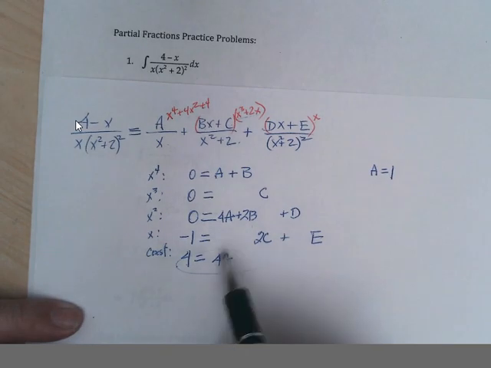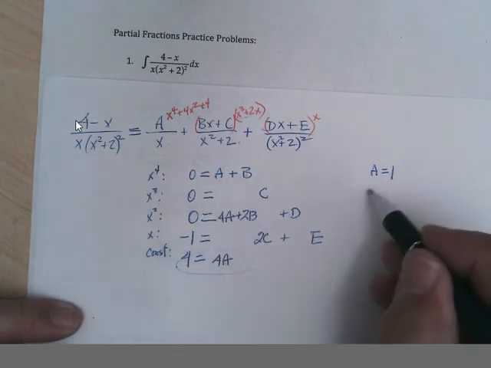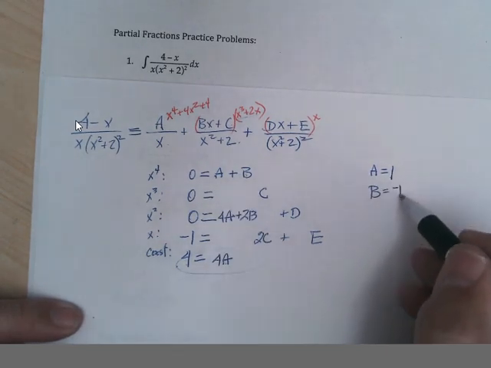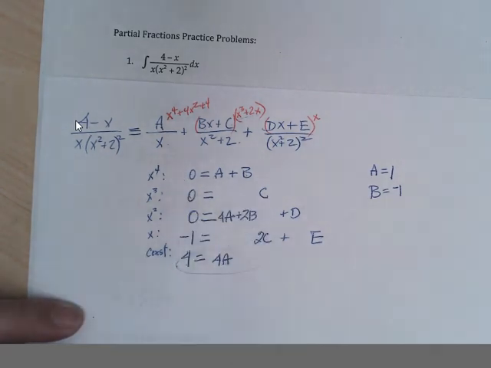I see that if A is 1, B must be negative 1 to make that come out to be 0.